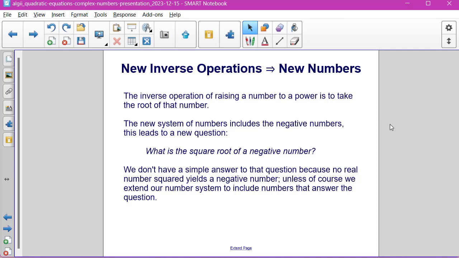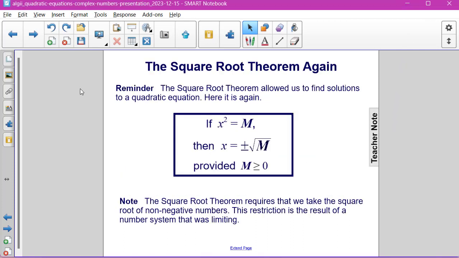We don't have a simple answer to that question because no real number squared yields a negative number, unless of course we extend our number system to include numbers that answer the question. Just a quick reminder, the square root theorem allows us to find solutions to a quadratic equation. Here it is again.